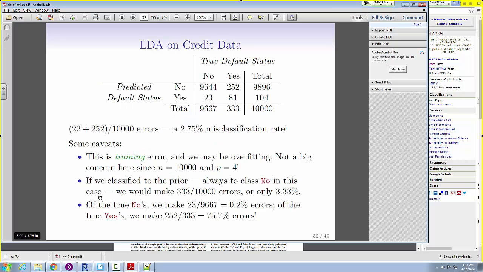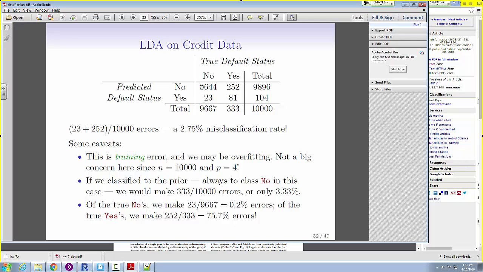This is good. I want to talk about this. Here's some example data, not bioinformatics data, but the issues here are relevant. Suppose we're doing classification. Instead of credit default, let's say cancer versus normal. So instead of true default status, we're going to say true cancer status, and instead of predicted default status, predicted cancer status.